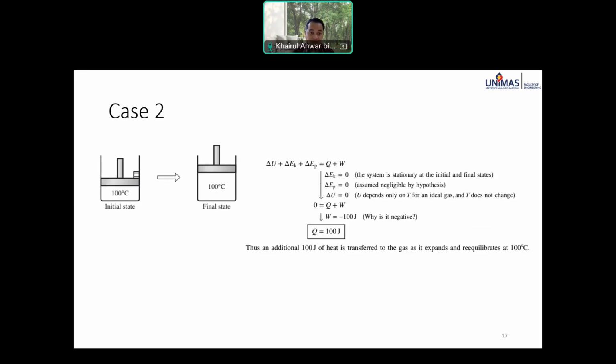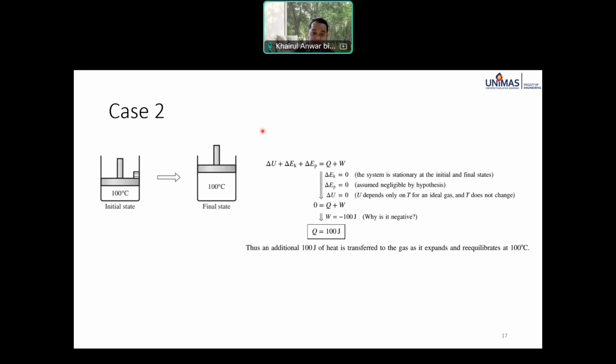Case number 2, the temperature is 100 degrees C now, but the clamp is released. So the piston moves upward. Delta EK is zero, the system is stationary at the initial and final state. Delta EP, although the piston is moving, is assumed negligible, equal to zero. Delta U is 0, since U depends only on T for an ideal gas, and T does not change.